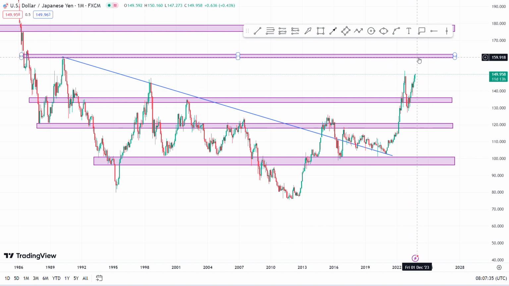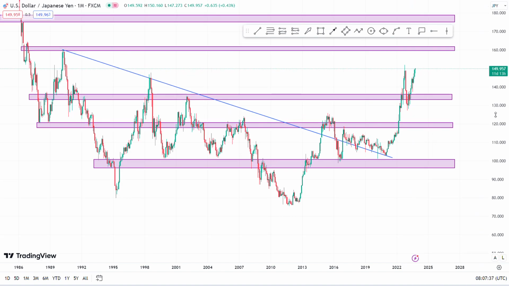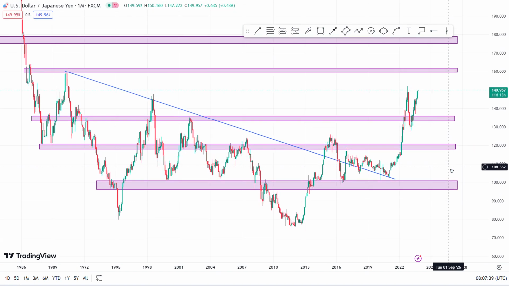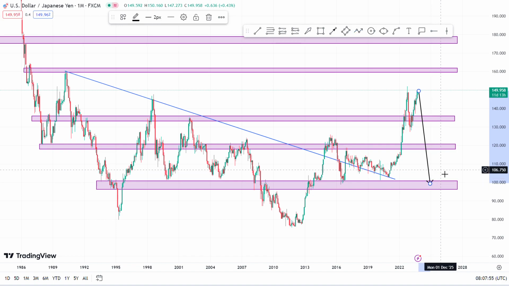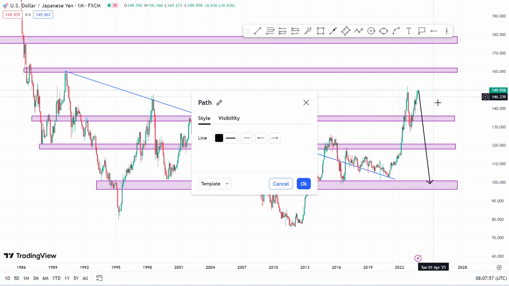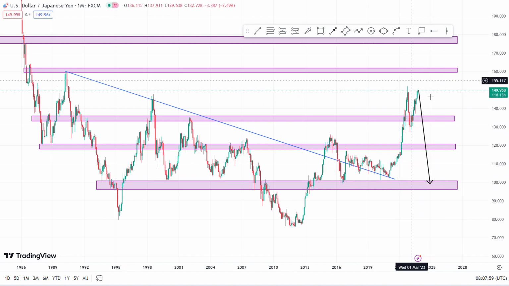Now imagine, anything is possible here. The market can also turn here, right, and start coming down. The reason being, it can also form a double top.